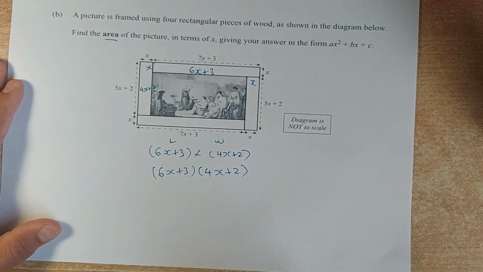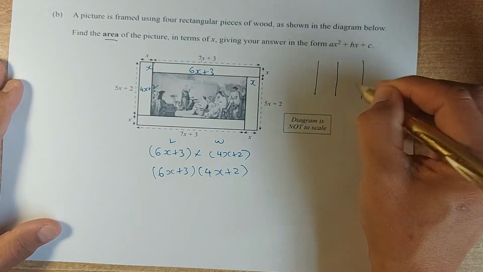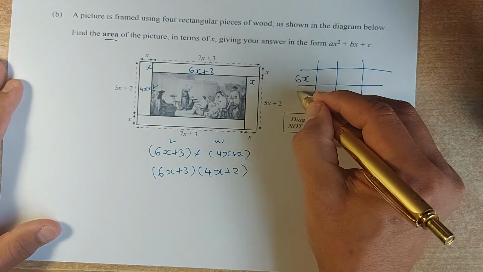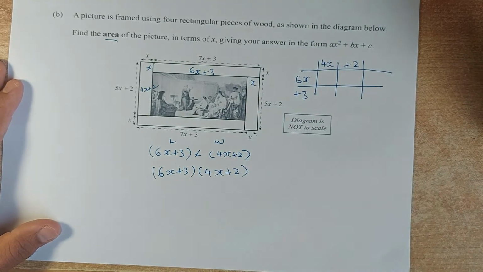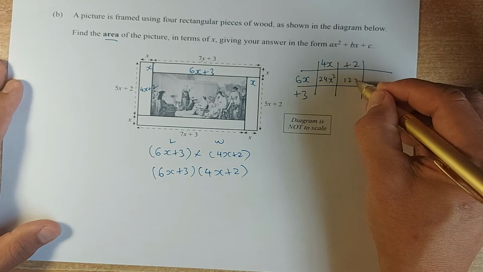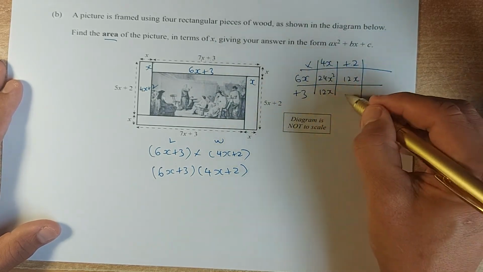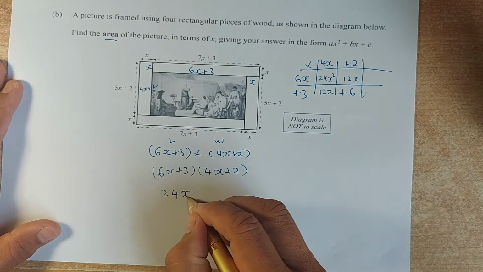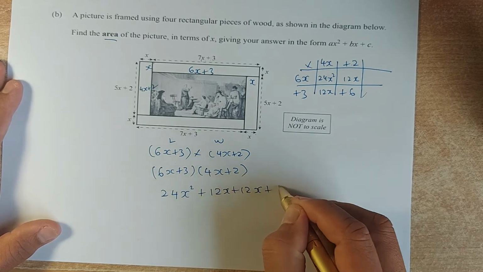We can do the grid method, depending on what method you learn in school. So we put 6x plus 3 and then 4x plus 2. Multiplying them, it becomes 24x squared, this becomes 12x, this becomes 12x, and 3 times 2 is plus 6. You add everything up: 24x squared plus 12x plus 12x plus 6.